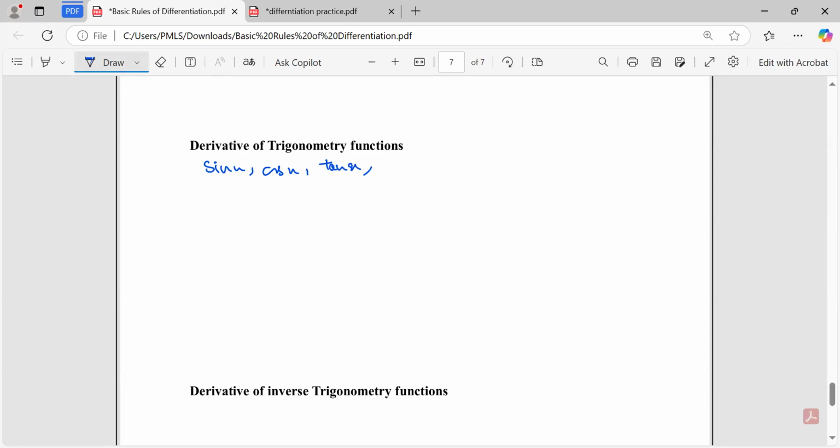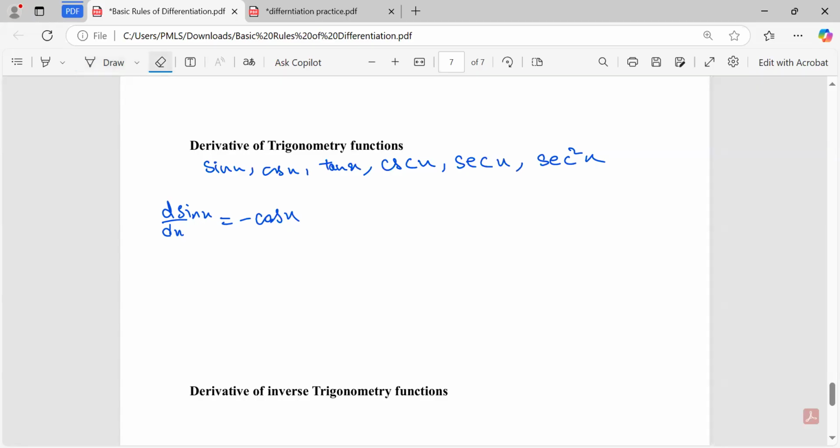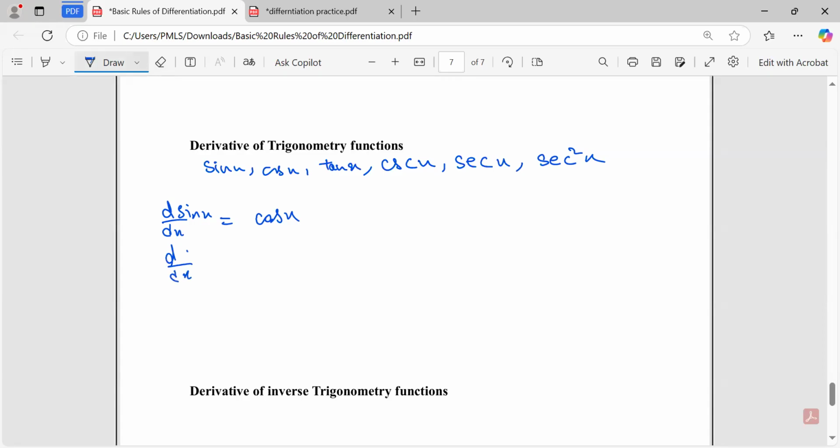And the reciprocal of sine x is cosecant x, the reciprocal of cos x is secant x, and the reciprocal of tan x is cotangent x. If you want to find the derivative of sine x, sorry, the derivative of sine x will be equal to cos x, but the derivative of cos x will be equal to minus sine x.